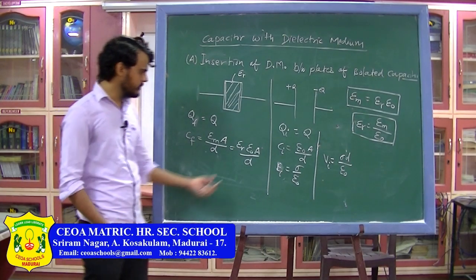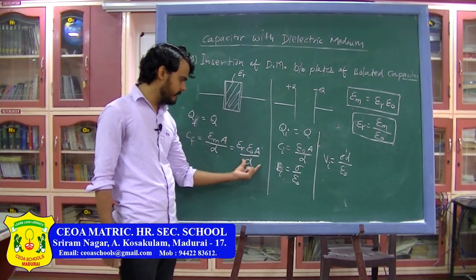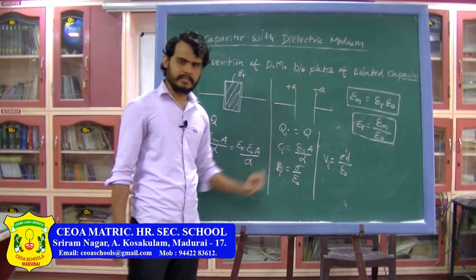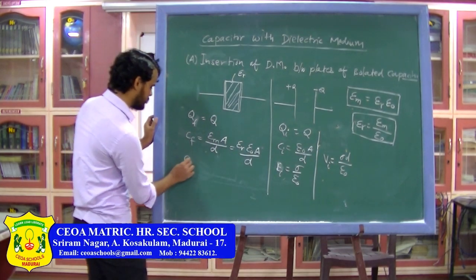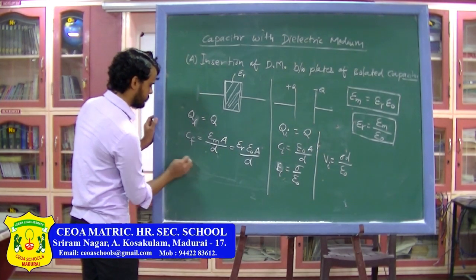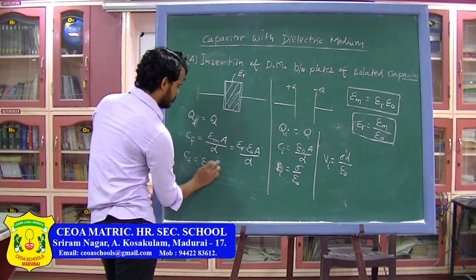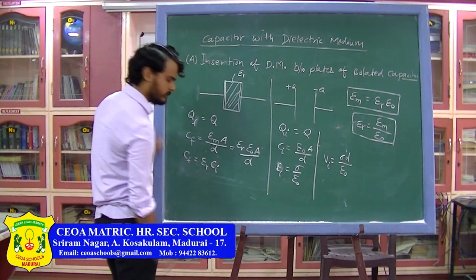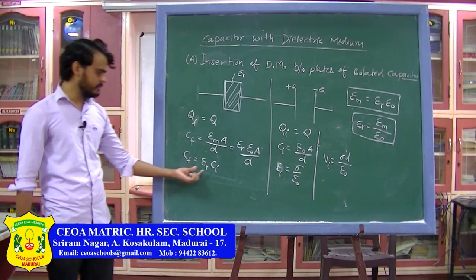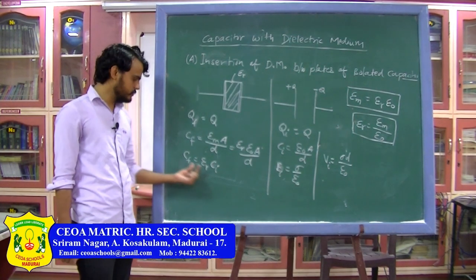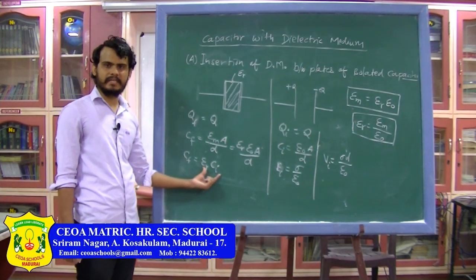So here you can see in this, epsilon naught A divided by D is the initial capacitance. So here I can write final capacitance C final will be epsilon r times C initial, and we already know that epsilon r is always greater than 1. So final capacitance will be greater than the initial capacitance.